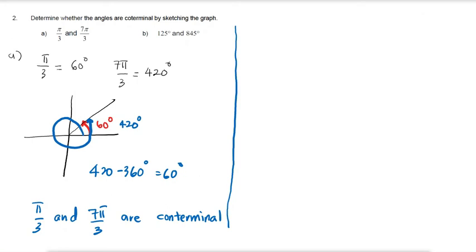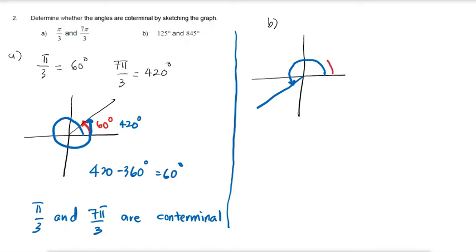As for B, you want to check whether we have coterminal angles. First we sketch the graph. The 125 angle falls here from initial to terminal, so we have 125 degree. Next, 845 degree.